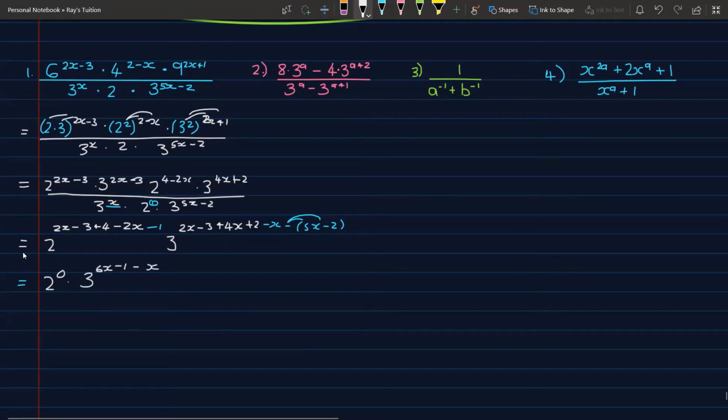Sorry, I forgot it. And then minus 5x and plus 2. So anything to the power of 0 is 1, so that 2 to the power of 0 falls away. Then this is 6x minus 6x and 2 minus 1, which just gives us 3 to the power of 1. And that's our final answer. So all of that work for that.